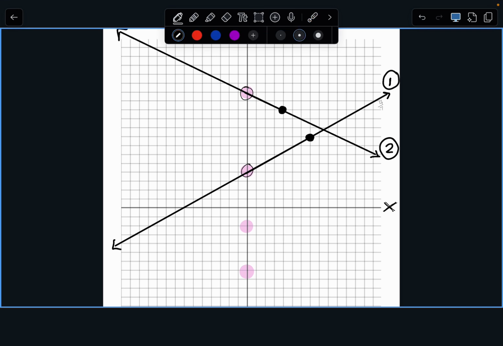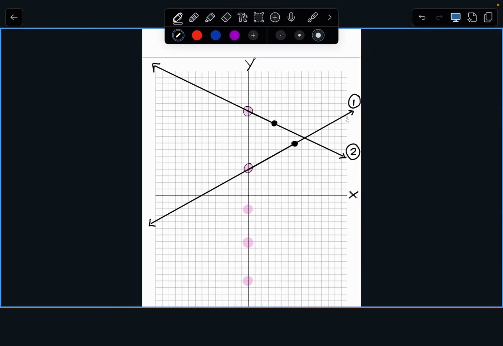I want you to make one more. Okay? Pick one of your other dots. Go ahead. Make another line.